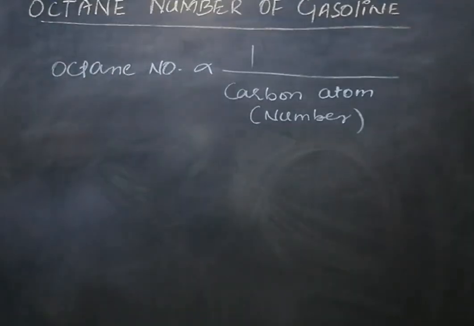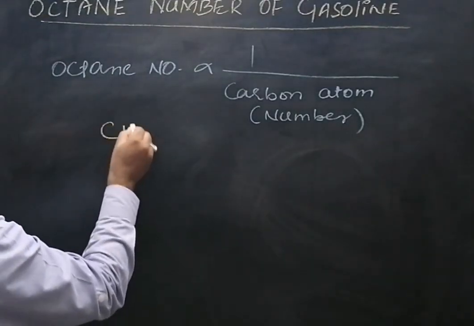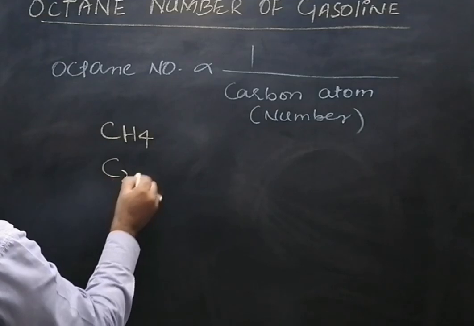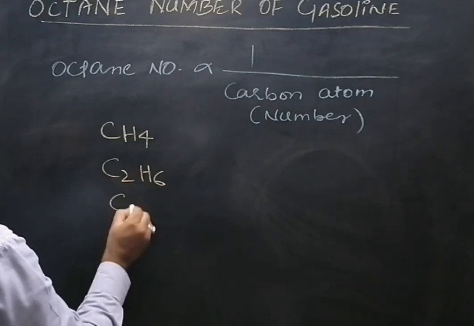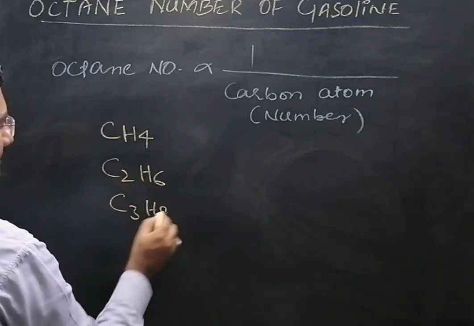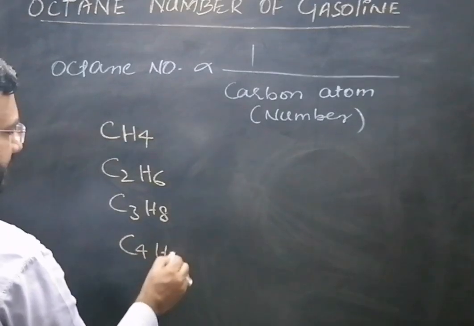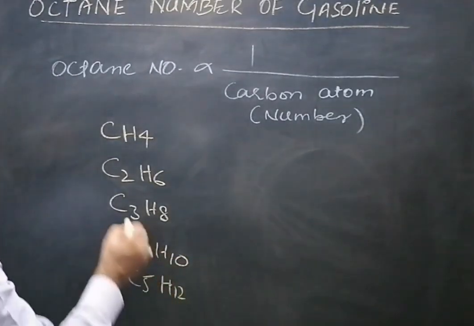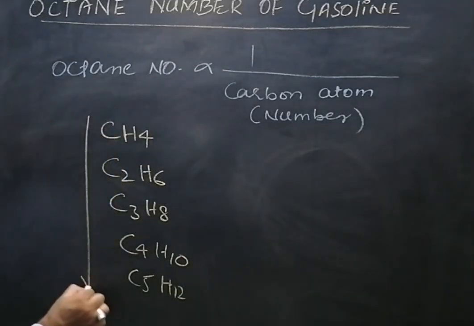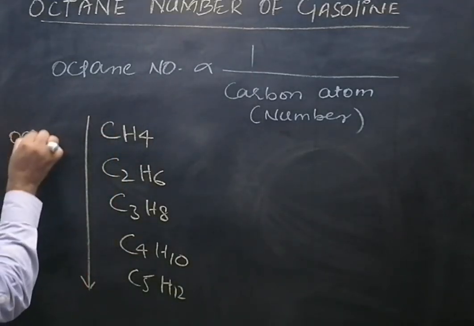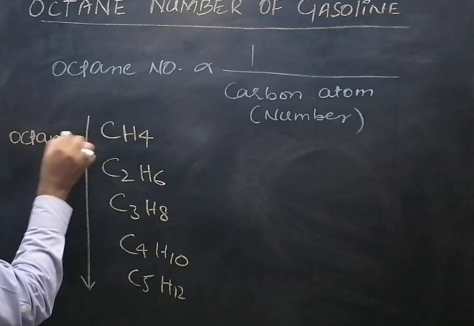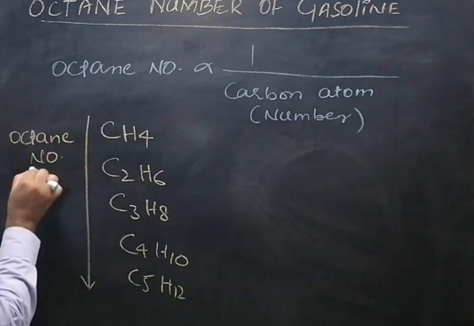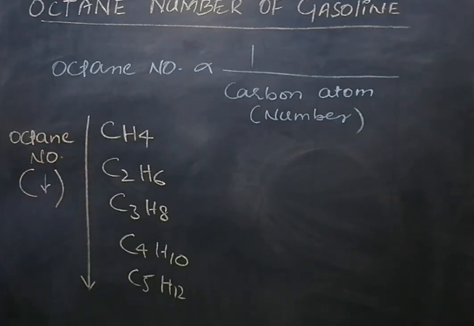What does it mean? It simply means that if you have methane, ethane, propane, butane and pentane, as the number of carbon atoms keeps on increasing, octane number will keep on decreasing.